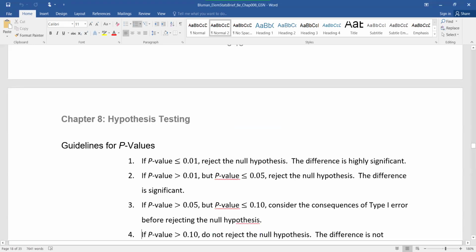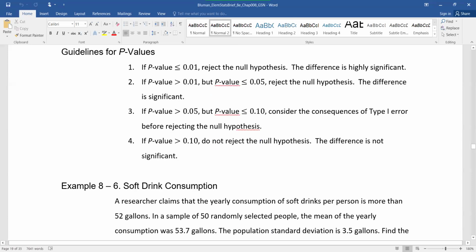So, guidelines for p-values. If the p-value is less than 0.01, we reject the null hypothesis and the difference is highly significant. If the p-value is greater than 0.01 but less than 0.05, we reject the null hypothesis and the difference is just significant. Notice the word there between highly and just significant.